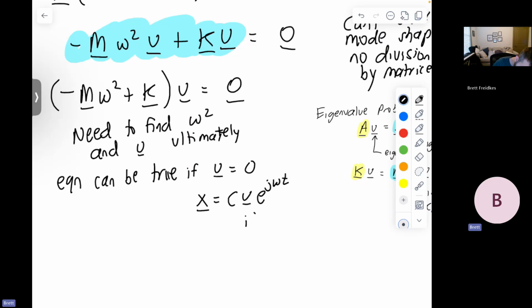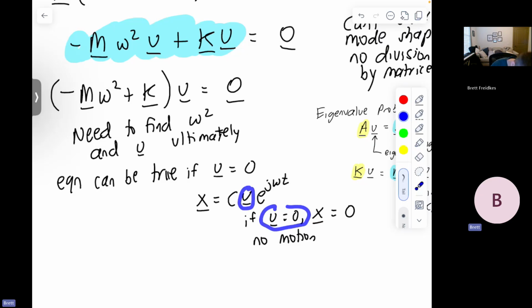So if u is 0, x is 0, which implies no motion, which is trivial for us. Do we see that? If u is 0, that means that this u is 0. And then I have c e to the j omega t times 0. That means the x matrix is 0. That's no motion. That's pointless for us. Remember, that was x1 and x2 of t inside that x matrix.